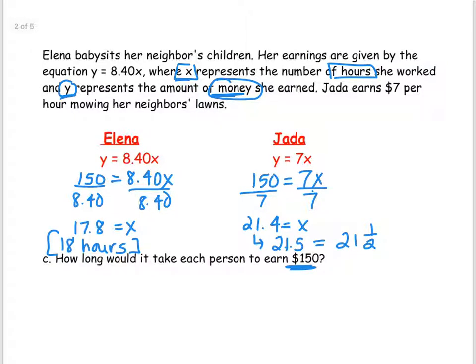Sometimes you mow lawns for half an hour. So that's very possible. So she would have to work for 21 and a half hours, whereas Elena would only have to work for 18 hours because she gets paid more per hour. Her constant rate is more. Therefore, she's going to get to $150 quicker.